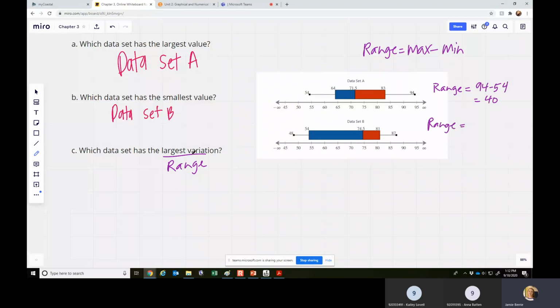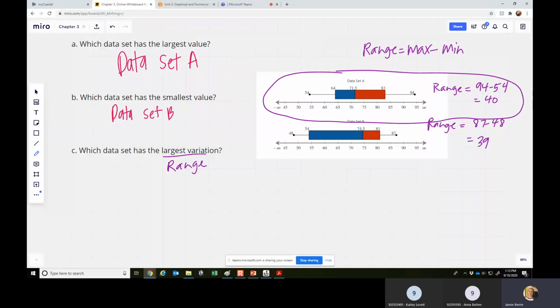So it's 87 minus 48. So let's see, that would be, nope, can't do it in my head. 87 minus 48, 39. All right, so the one with the larger variation would be the one with the larger range, so that would be this one. All right, so the data set with the largest variation would be data set A.